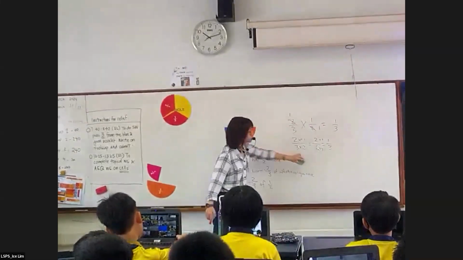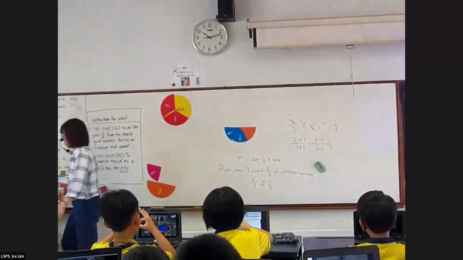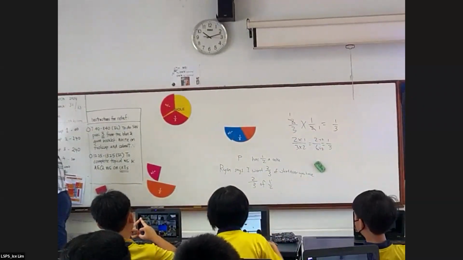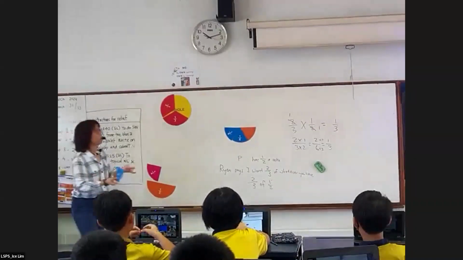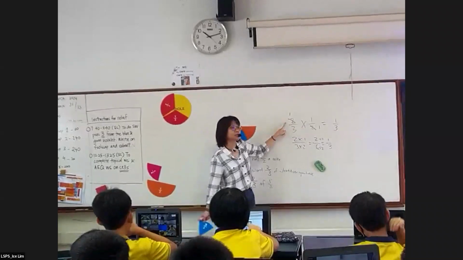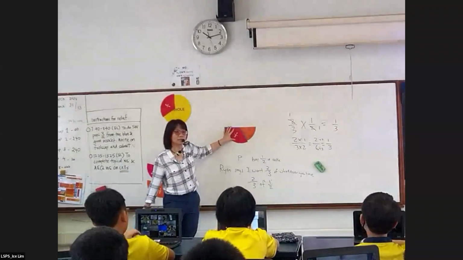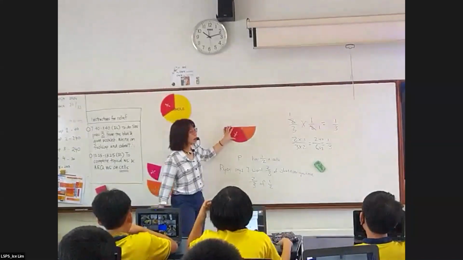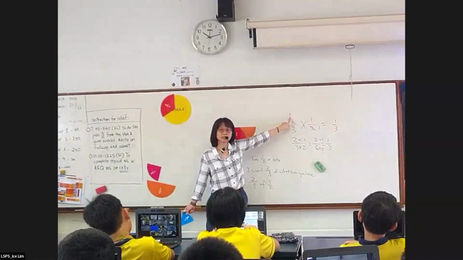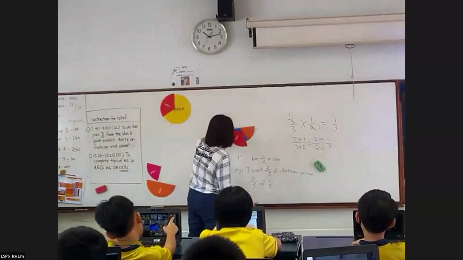So this simplifying works because you already know that 2 of these make 1 of these. So that's how the simplifying works. You understand? Okay, now let's change to a different story.